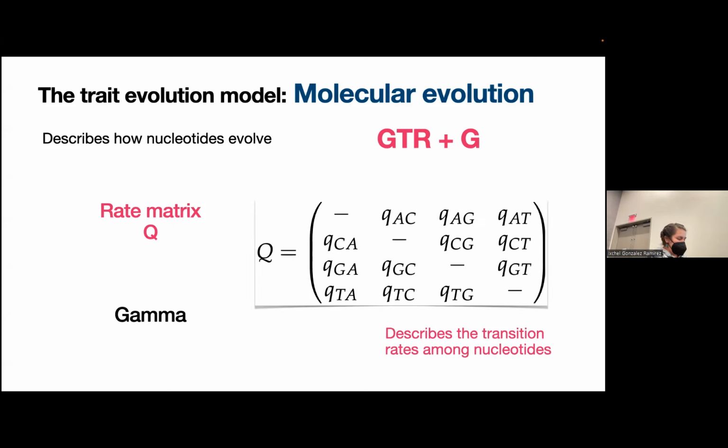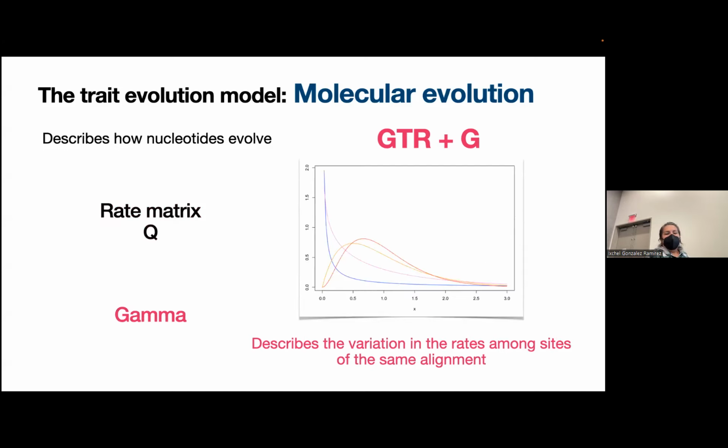A rate matrix basically describes how we change from one nucleotide to the other, right? And this GTR is symmetrical, so we assume that the rate of change in one direction is the same as in the other direction. So we have these 6 different parameters. And we have a gamma distribution.